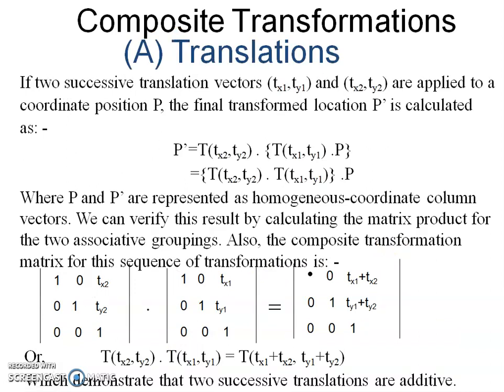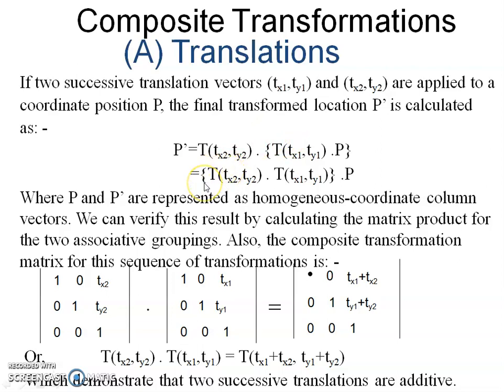Then here are composite transformations, that is, doing the same operation more than once. If two successive translation vectors tx1, ty1 and tx2, ty2 are applied to a coordinate position P, the final transformed location P dash is calculated as P dash is equal to T of tx2, ty2 into T of tx1, ty1 into P. The first translation takes place first, and then the second.